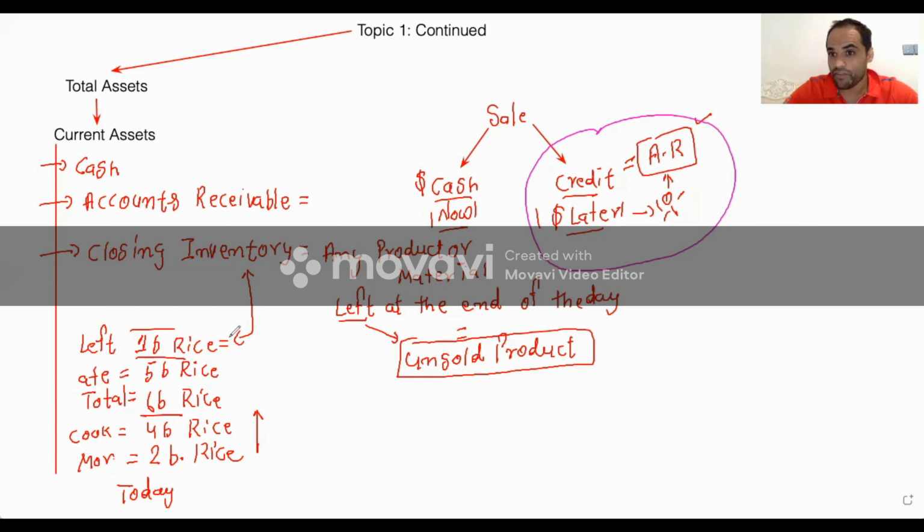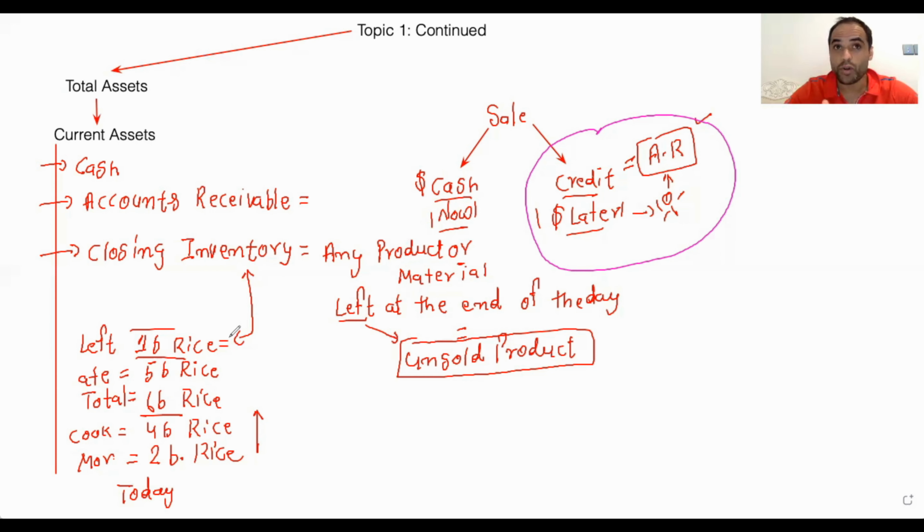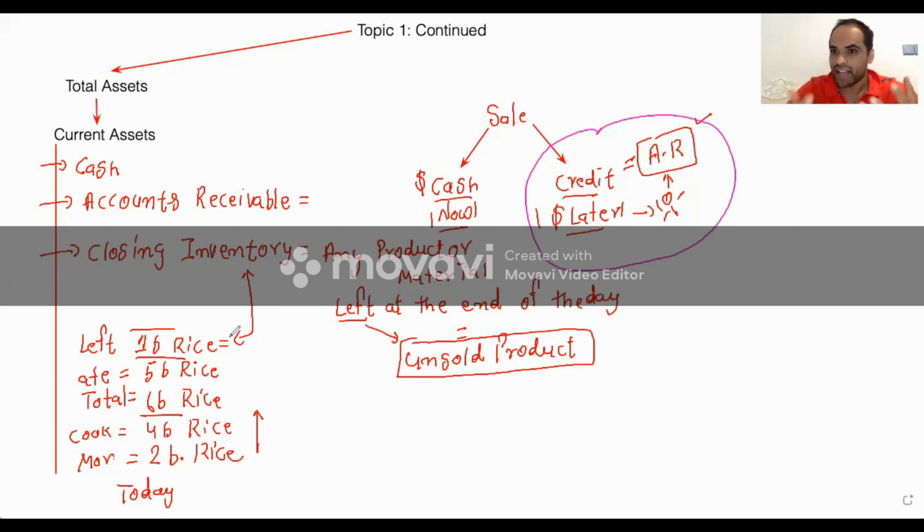Because something is left. The product you already sold to a customer is not your asset anymore, because you don't have a right to keep or use that asset. The customer bought it, so now the customer has the right. But something you haven't sold, something still in your hand, that's your asset.